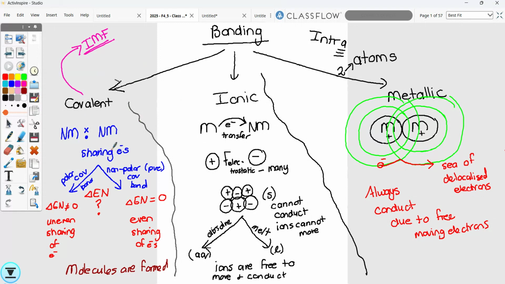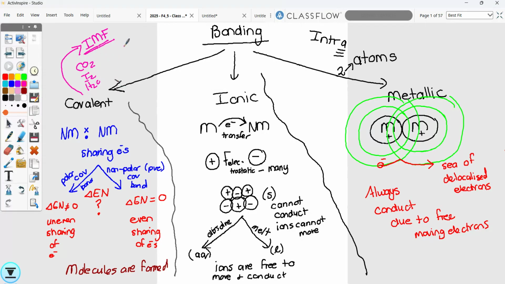Just one thing we need to mention here is you've got two different types of covalent molecules. You can have simple covalent molecules, which is like your CO2, I2, H2O. Those are all simple molecular structures.